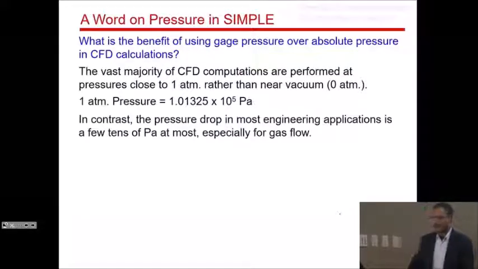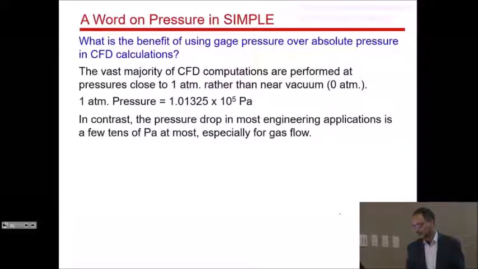In contrast, if I now look at pressure drop in most engineering applications, it is at most a few tens of Pascals. If I take a long pipe and look at water flow, you will probably find that the pressure drop is a few tens or few hundreds of Pascal at most. If you're looking at gas flow through the same pipe, it's going to be on the order of 1 Pascal or less.